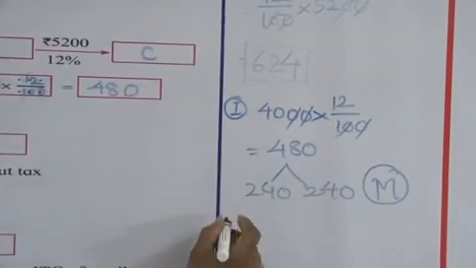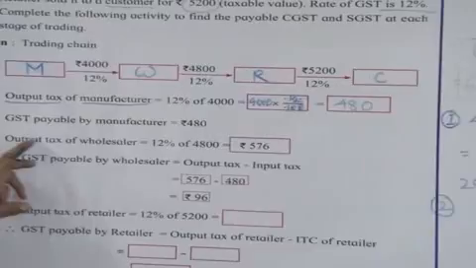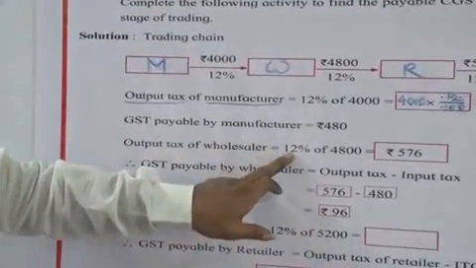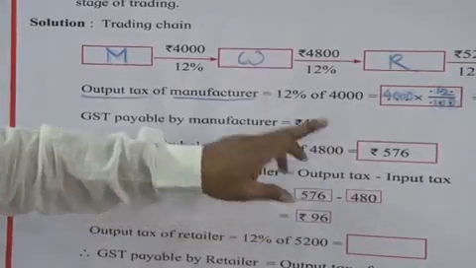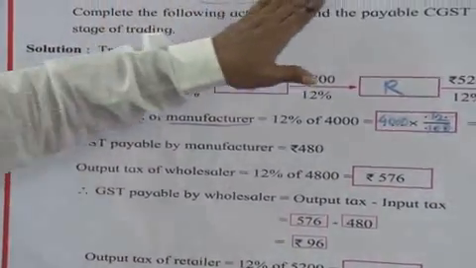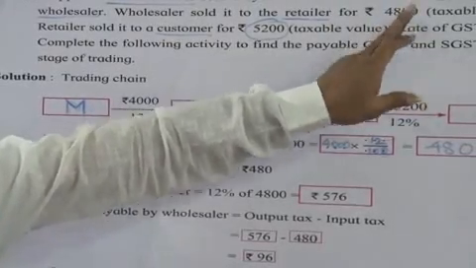This is the GST paid by the manufacturer, collected from the wholesaler. Now the second chain. Output tax of the wholesaler: 12% of 4,800, because that wholesaler sold to the retailer at the rate of 4,800.